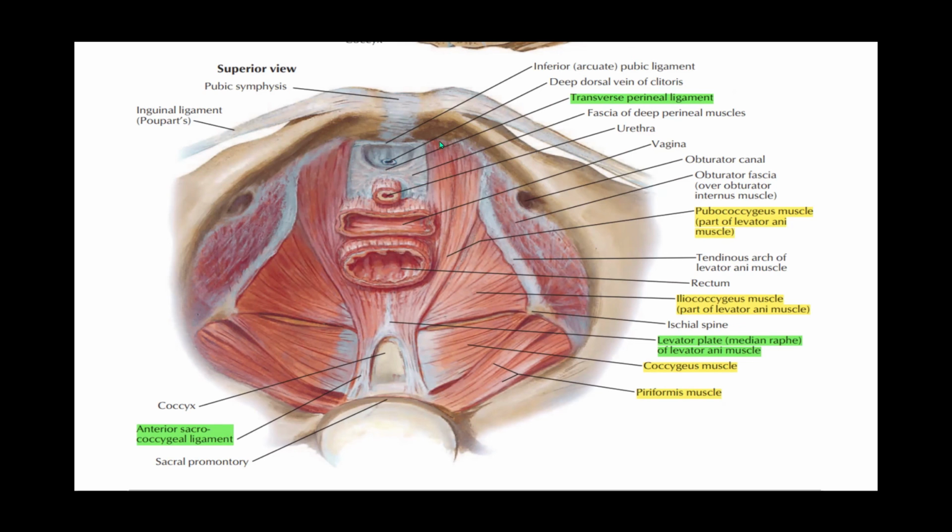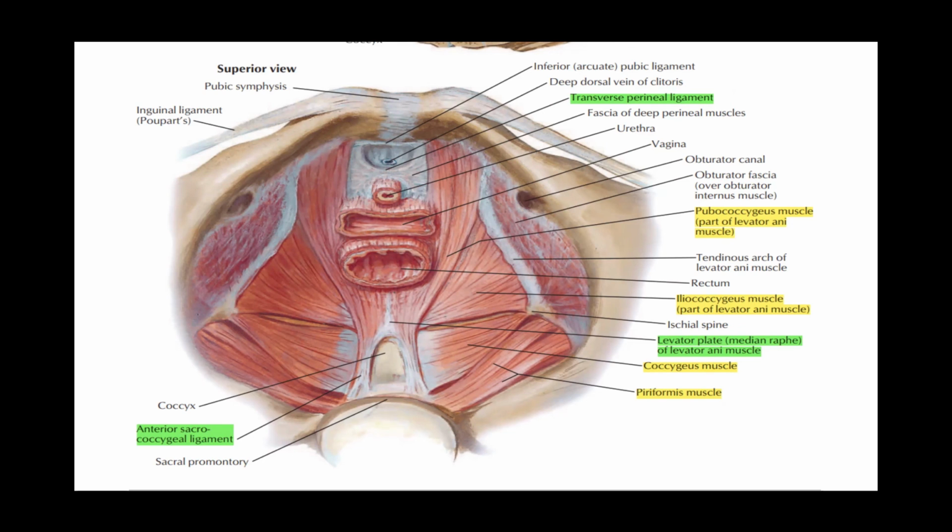Sometimes we have pubovaginalis, small fibers that also go around the vagina, and sometimes pubourethralis, little strands of skeletal muscle fibers that span around the urethra, supporting the urethral wall and helping in the provision of urinary and fecal continence.